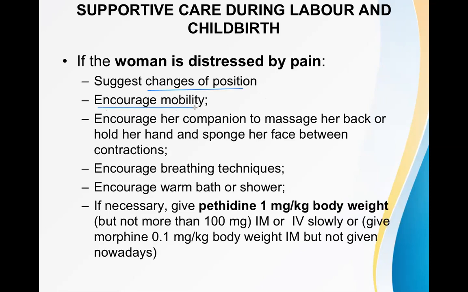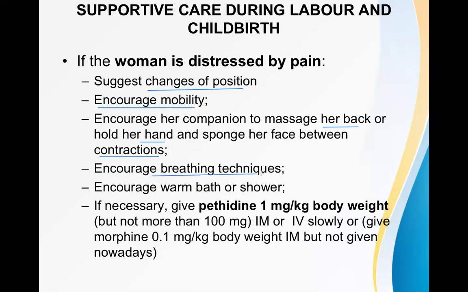Encourage the mobility around the delivery room. Encourage her companion to massage her back, okay, or hold her head and sponge her face between the contractions. This soothes her. Okay, this is a soothing type of thing the companion can do. If companion is not there, a nurse, okay, or some of the helpers should do that.